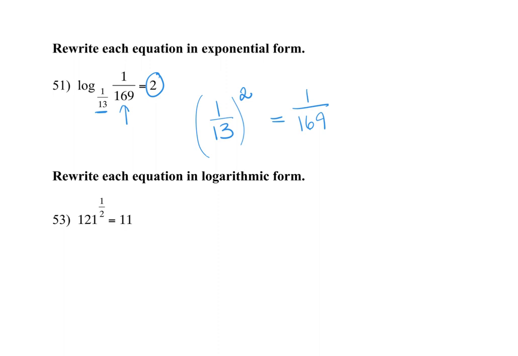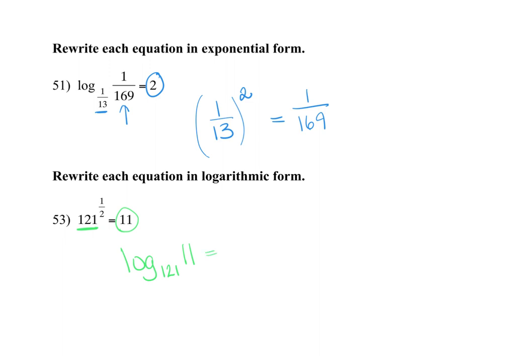So then the next one is going to just rewrite it to look like the one above it. So now my base is still the base. So log, and my base now is 121. And I am taking the log of what would be my answer, so now I'm going to write 11. So basically I'm saying 121 to what power equals 11?